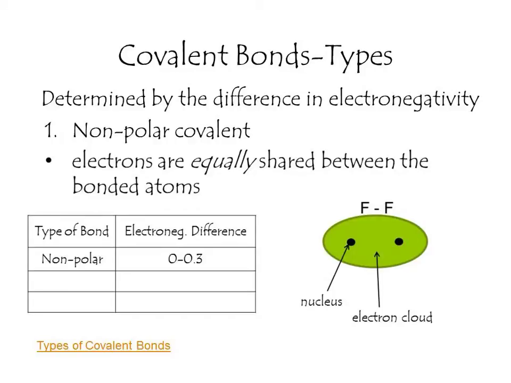One thing you need to know is that for a nonpolar covalent bond, when we take the difference, it will be between 0 and 0.3. We'll do some practice in how to determine the type of bond later, but right now I just need you to know that the electronegativity difference for a nonpolar covalent bond is between 0 and 0.3.